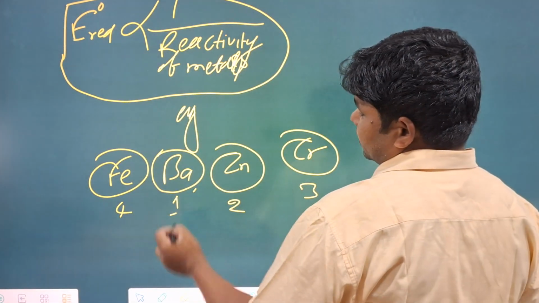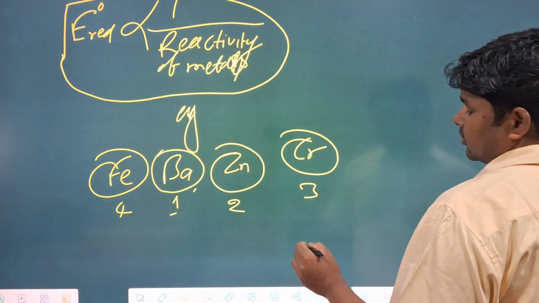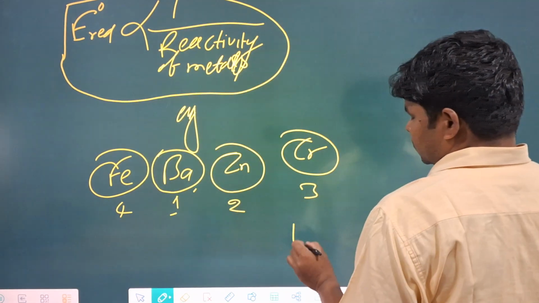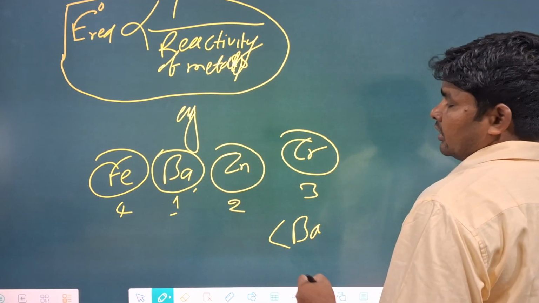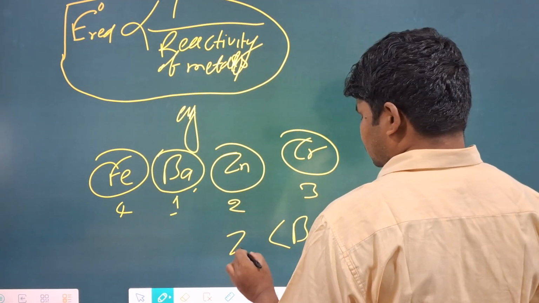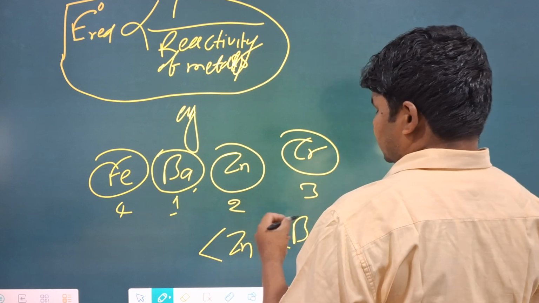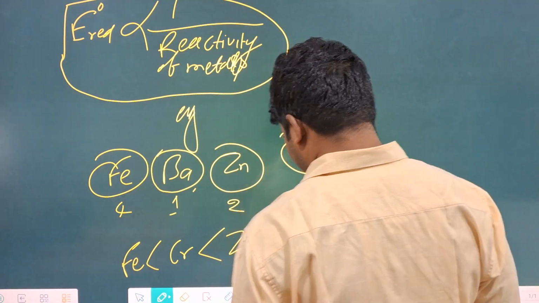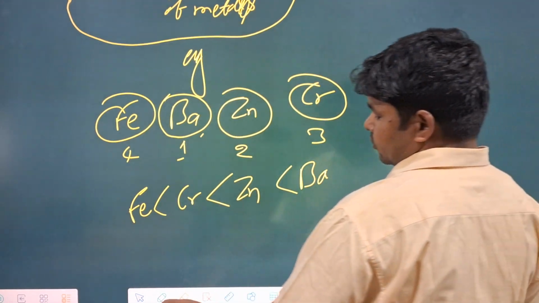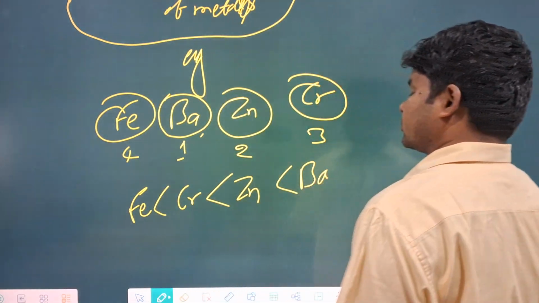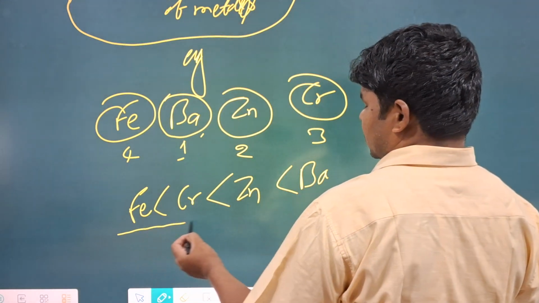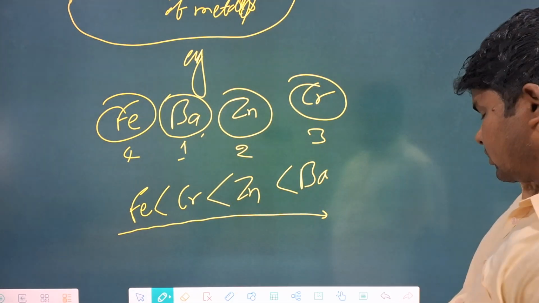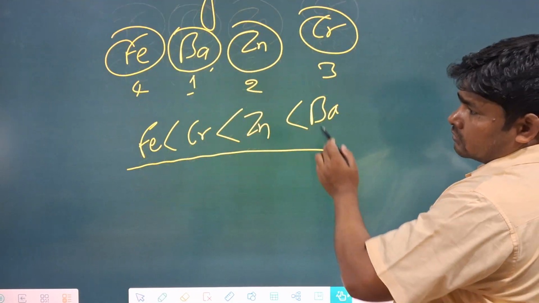Barium contains the highly negative value of reduction potential, so it becomes more reactive. Barium first, then zinc second, chromium third, and then iron. If we know the sequence of the electrochemical series, then we can easily arrange the metals in the order of increasing or decreasing reactivity. Next question, MCQ type.